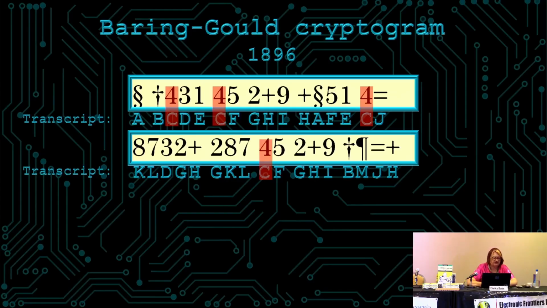We continue on, and we get to the 2, which is repeated. In that case, it's the G, and so we put G everywhere that we see a 2, and so forth.